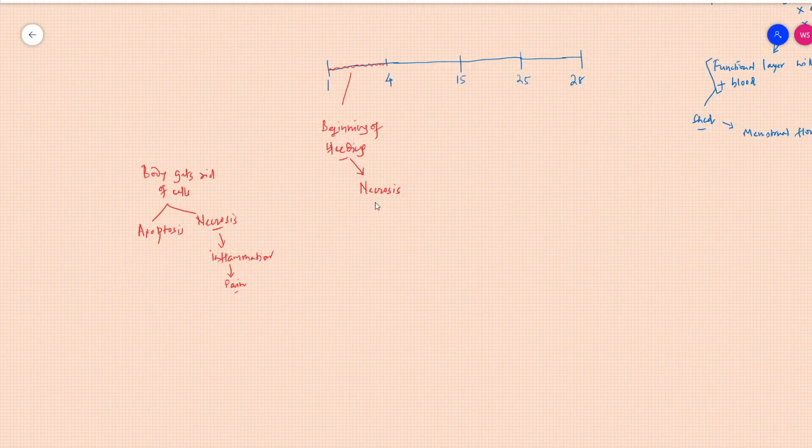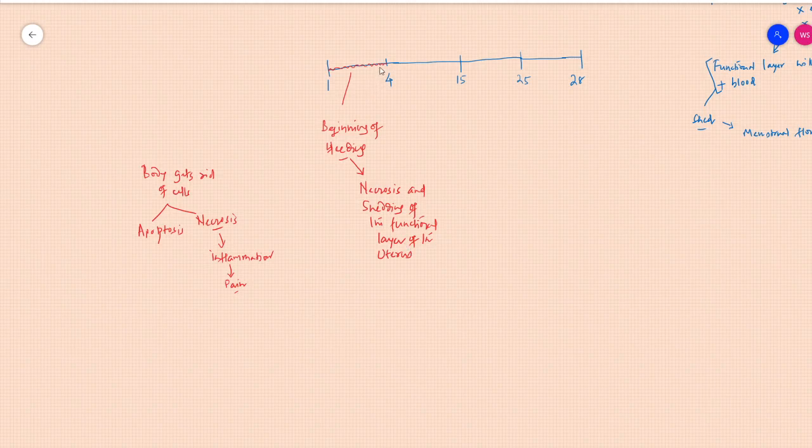Anyway, it is due to necrosis and shedding of the functional layer of the uterus.